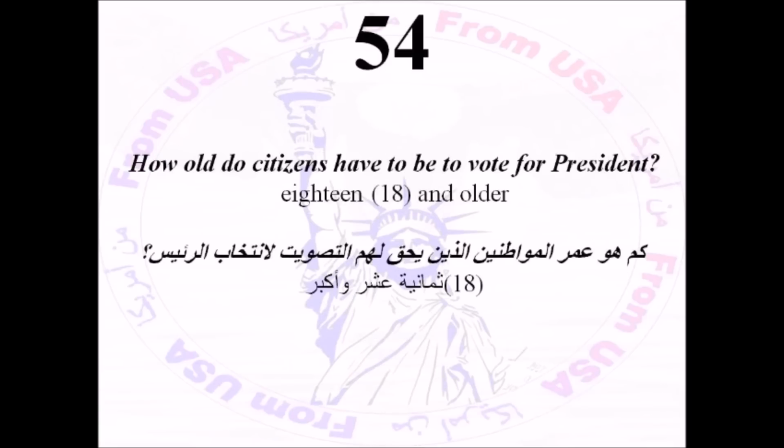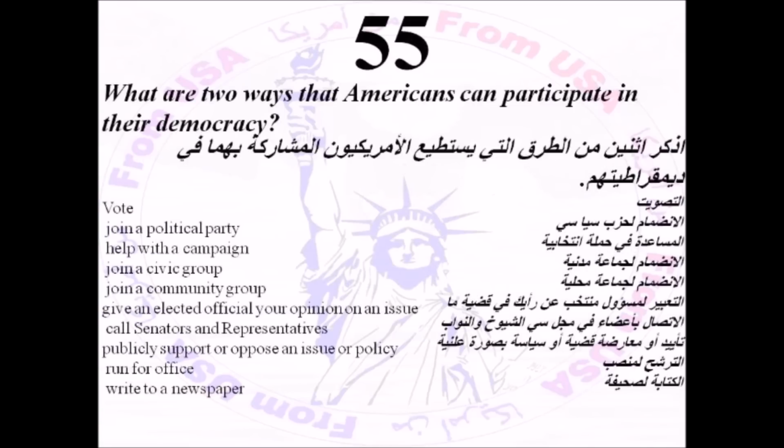Number 54. How old do citizens have to be to vote for president? 18 and older. 55. What are 2 ways that Americans can participate in their democracy?